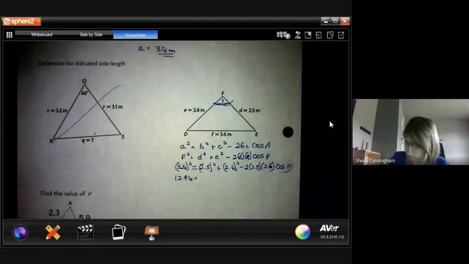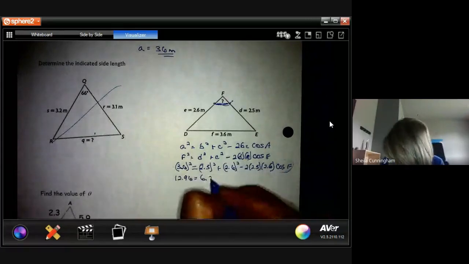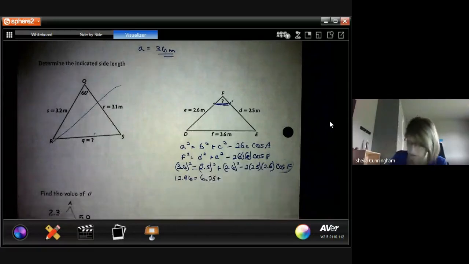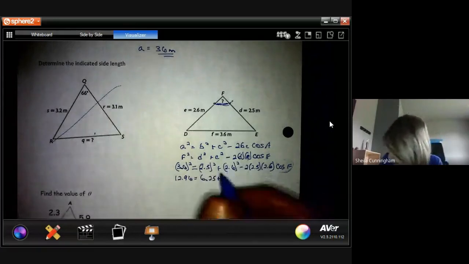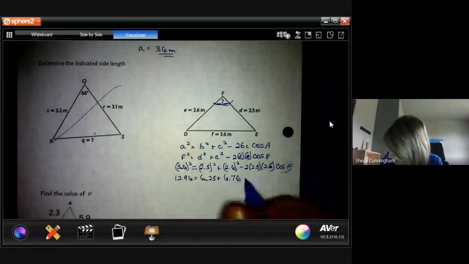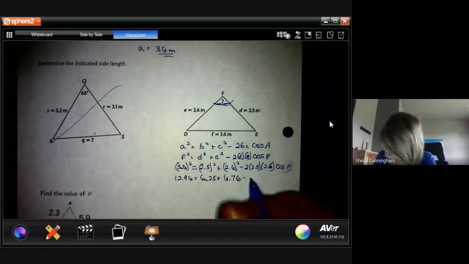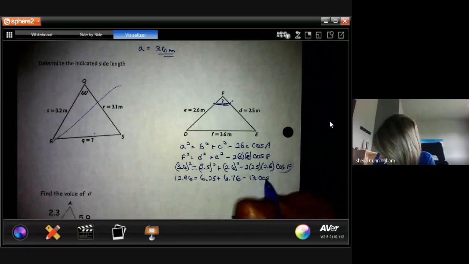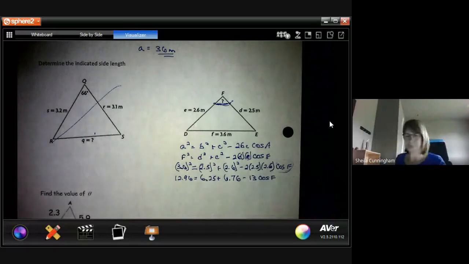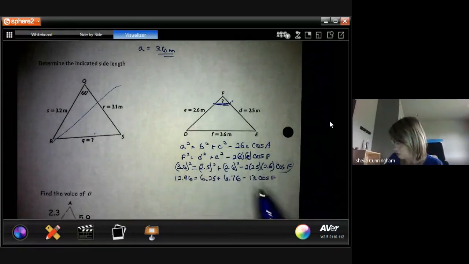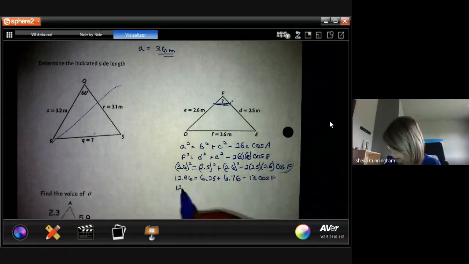12.96. 2.5 squared is going to give me 6.25, plus 2.6 squared gives me 6.76. And now I'm going to go 2 times the 2.5 times the 2.6, which gives me 13 cos of F. So here's a common mistake that will happen: you recognize you can add these two numbers together, which is a good plan.